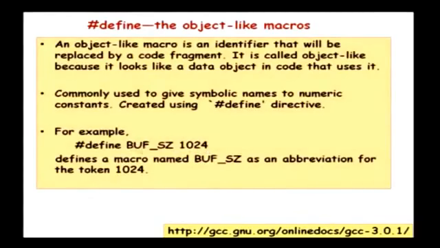So, you have used hash define to define an identifier BUFF_SIZE, and BUFF_SIZE will be assigned the text 1024. This says that I am defining a macro named BUFF_SIZE, and it is an abbreviation, a short form, for the token 1024.